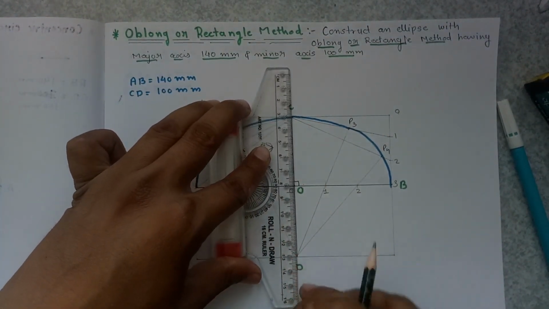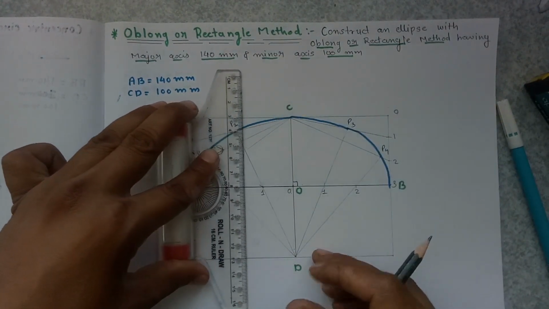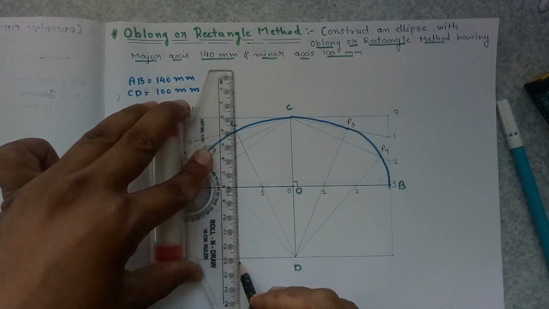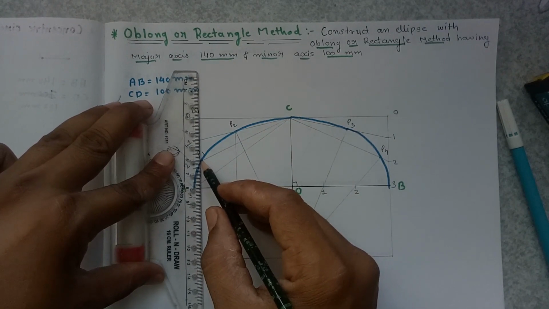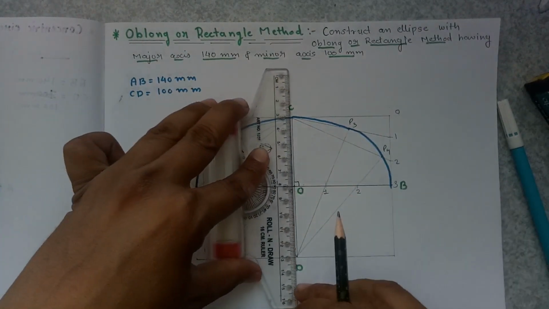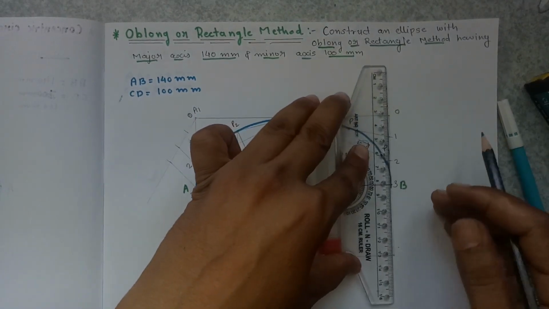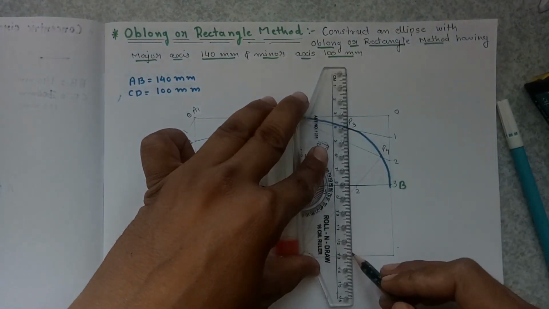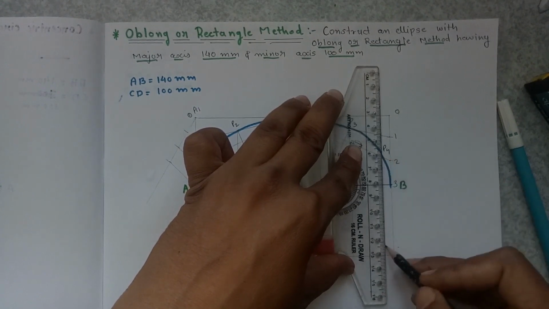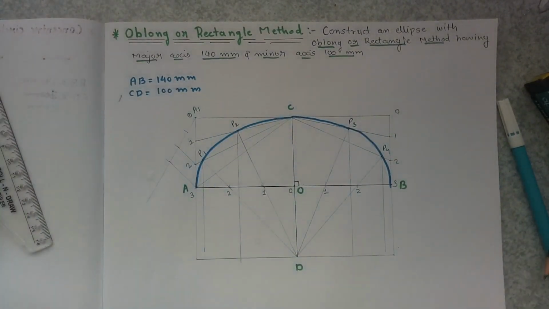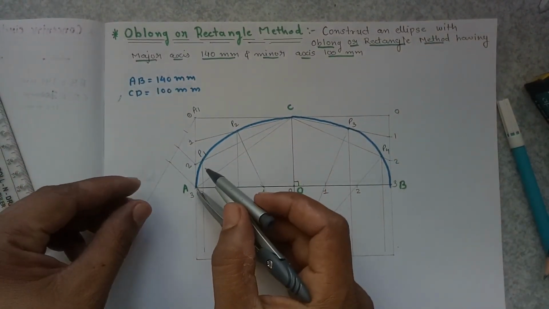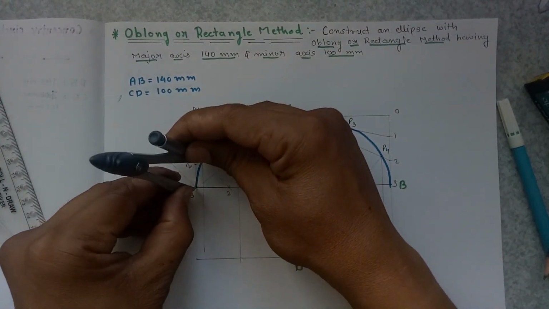For that you have to draw lines parallel to the minor axis from P2, P1, P3 and P4. Now you can mark the points measuring it from A to P1.